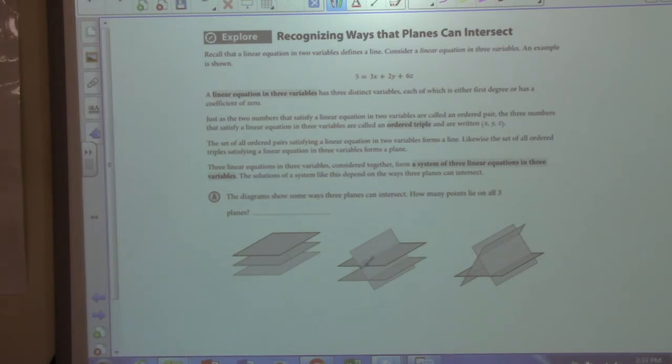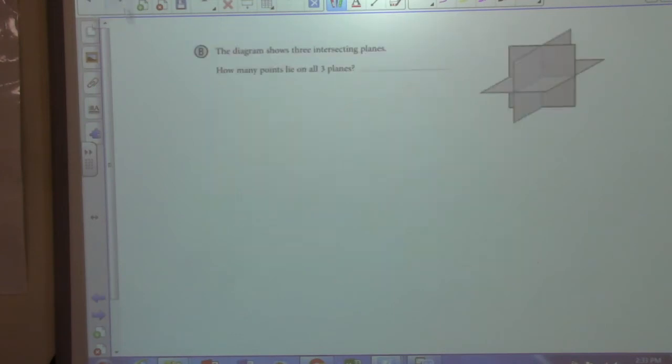You can have a system where you have 2 of the planes parallel but 1 not, so you have 2 lines of your solution set. And then you can have your planes set up like this, so you'll get 3 lines as possible solutions for that. But the one that we are more commonly seeing in this class and in your career as mathematicians is going to be this one, where there's going to be 1 point in common with each of those planes, which will be the solution. And we're going to see other examples too.